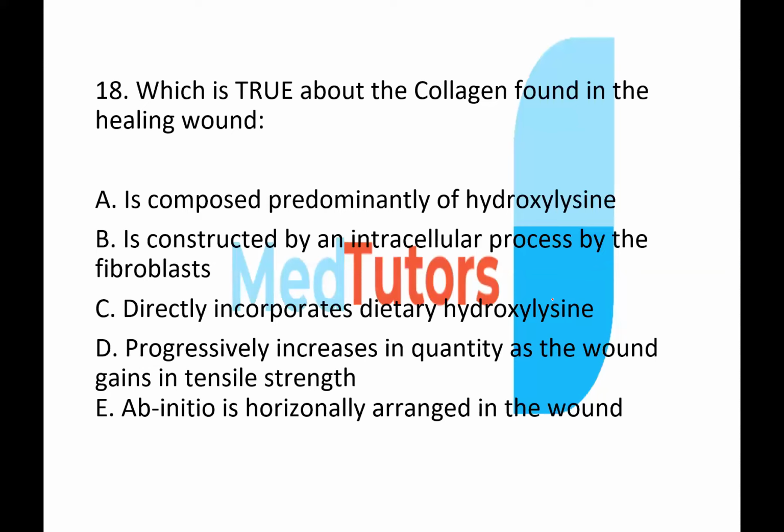Which is true about collagen found in healing wounds? It's composed predominantly of hydroxylysine. It is constructed by an intracellular process by fibroblasts. It directly incorporates dietary hydroxylysine. It progressively increases in quantity as the wound gains tensile strength.